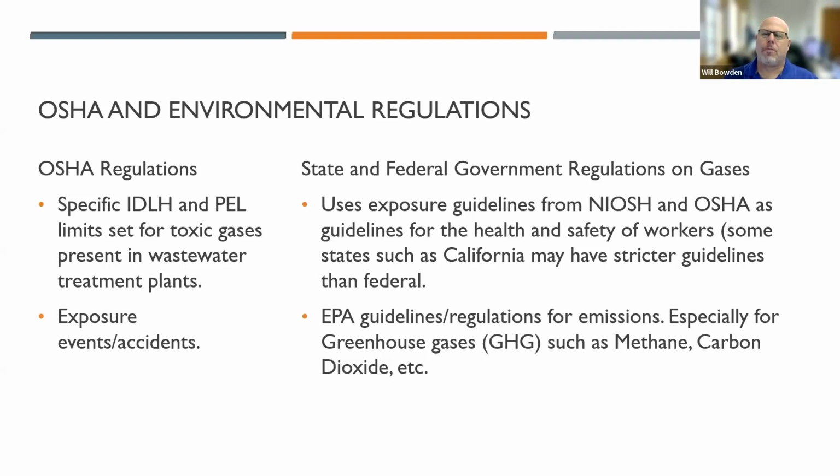For example, the state of California does have some that are slightly stricter than the federal standards that are available. And then under EPA guidelines for emissions, not just for toxic gases, but EPA has additional guidelines for what they call greenhouse gases. For example, methane, carbon dioxide, etc.